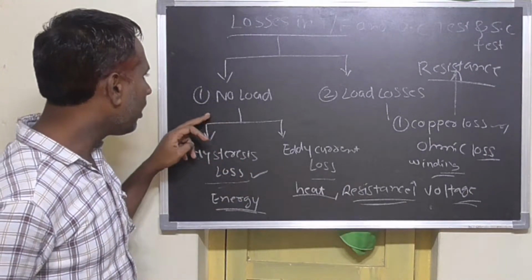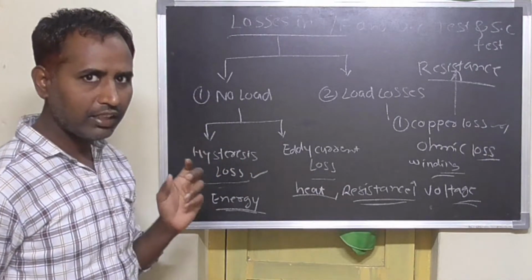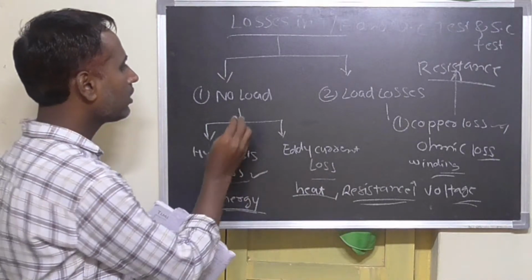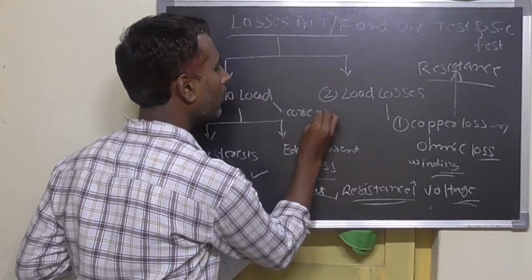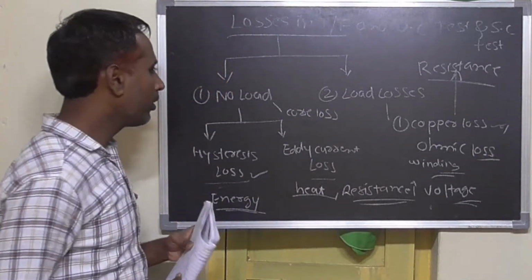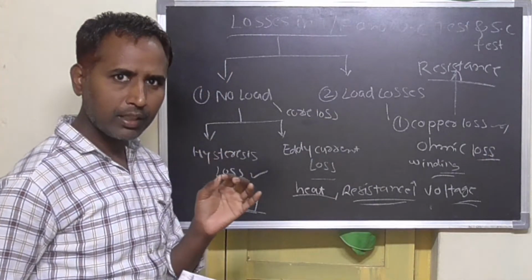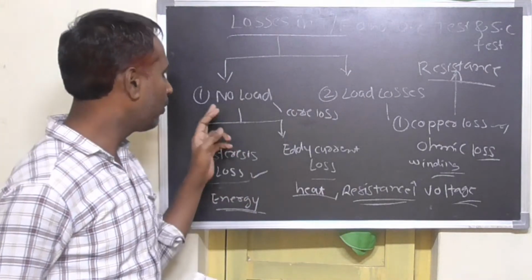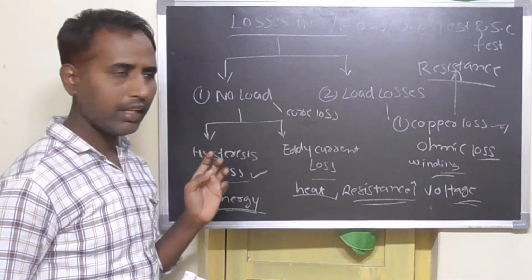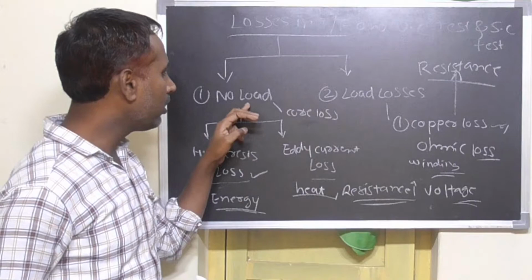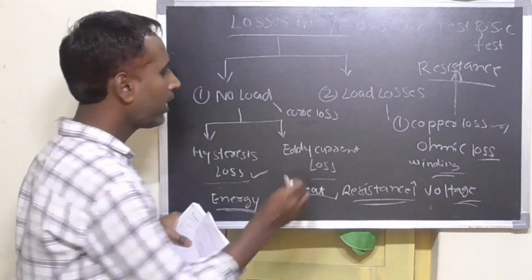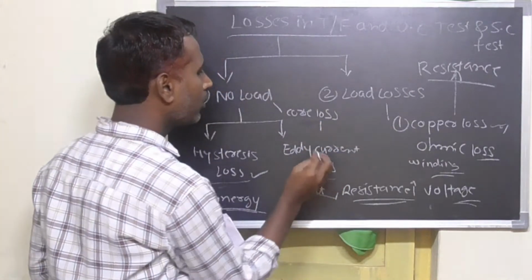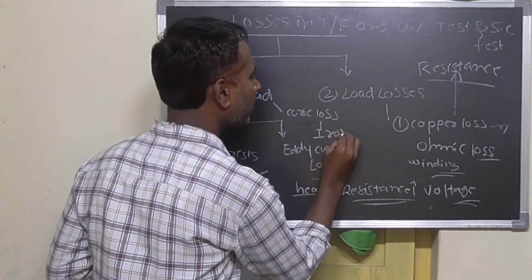The no load loss is also known as core loss. We should remember the other names of no load losses also. No load losses are also known as core losses, and core losses are also known as iron losses.